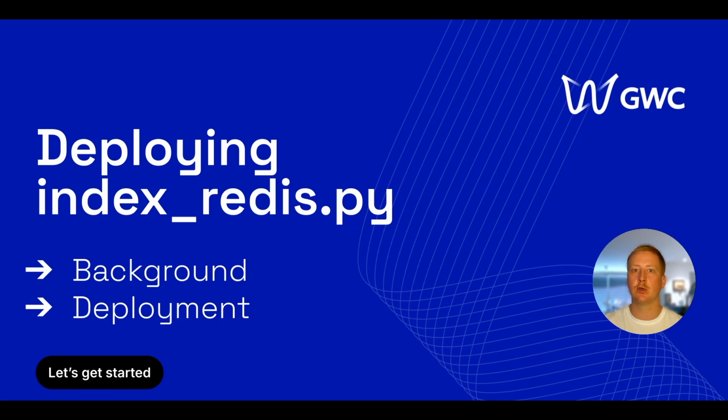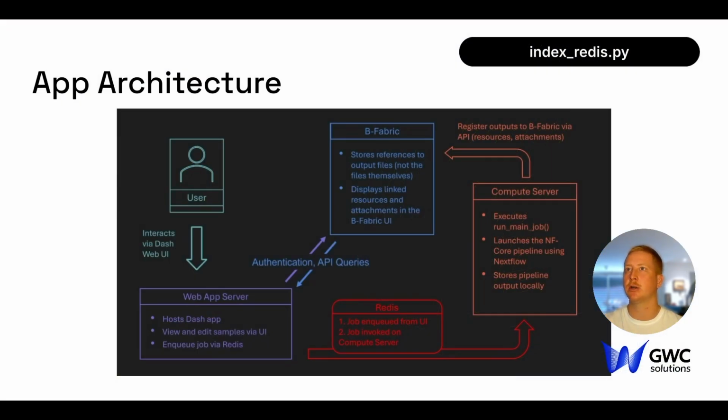So now I first want to give you a background into the app architecture. You can see here we have the web server, in purple, where the actual web application is running. And this app requires two running Python components rather than just one. Rather than the previous situation, where we just had the index large, now we'll be running index Redis and a worker script, or multiple worker scripts, on one or multiple compute nodes or compute servers here in orange.